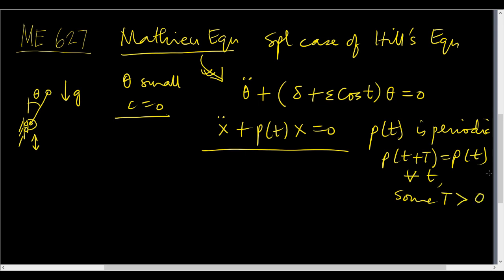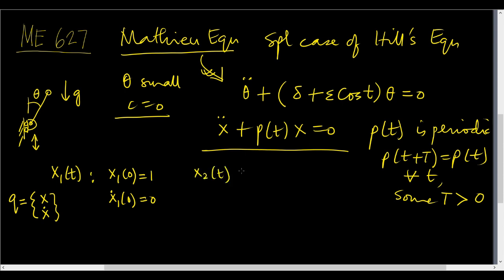When we look at the fundamental solution matrix, we construct a solution x1 of t such that x1 of 0 equals 1, x1 dot of 0 equals 0. This is because we are thinking of the state vector q, when we write it in first order form, as x, x dot. So x1 of t satisfies these conditions, and x2 of t satisfies x2 of 0 equals 0, x2 dot of 0 equals 1.